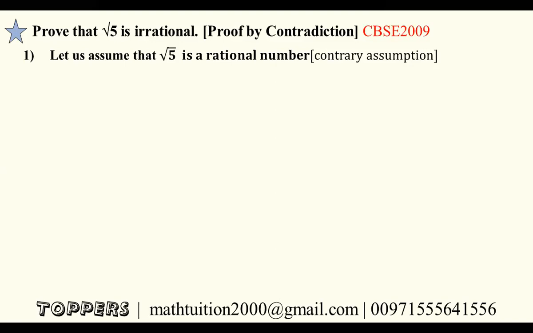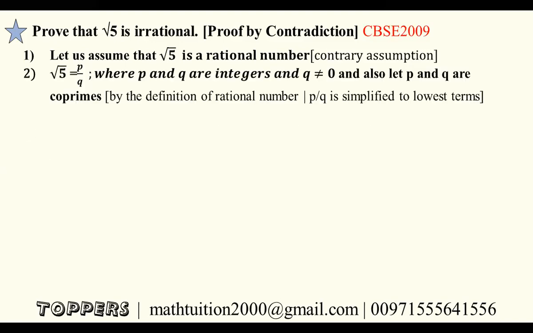Contrary assumption. Then we have to write as per the definition of rational number. That is root 5 equal to p by q, where p and q are integers and q not equal to 0. P and q, bring them to their simplest form. That means p and q are coprimes.